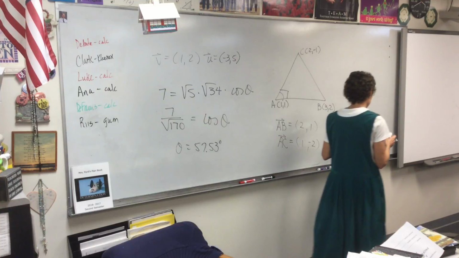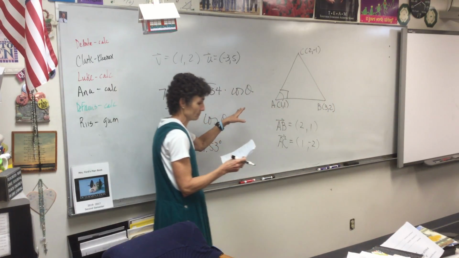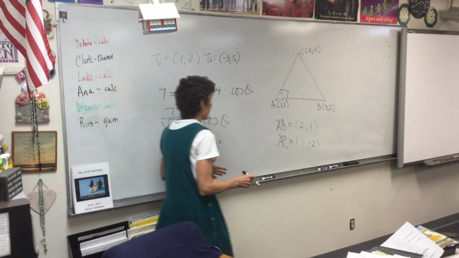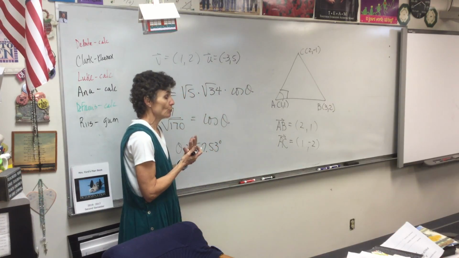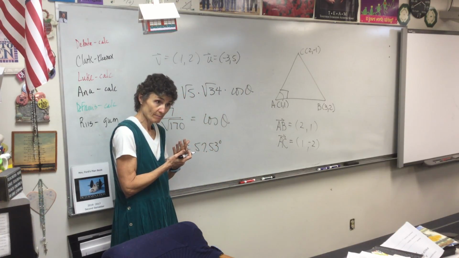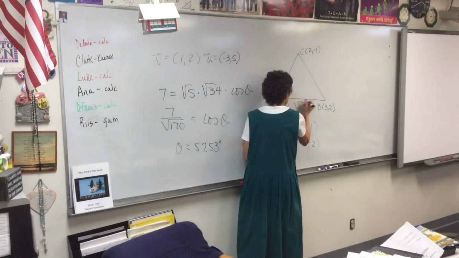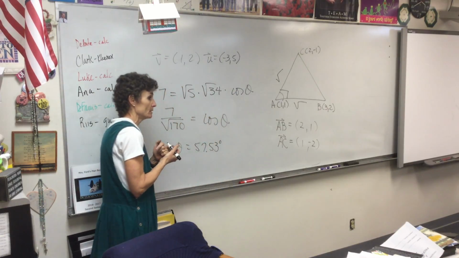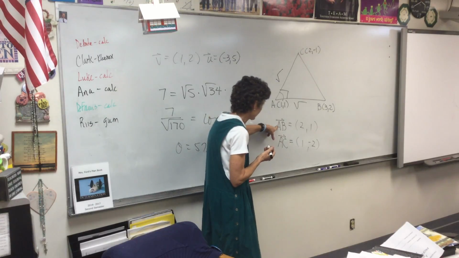All right, now I'm going to find the area of this triangle. If you're going to do 1/2 side side sine, you can, but we haven't found these lengths yet, so we need to find these magnitudes if we're going to do that. What is the magnitude of this vector?